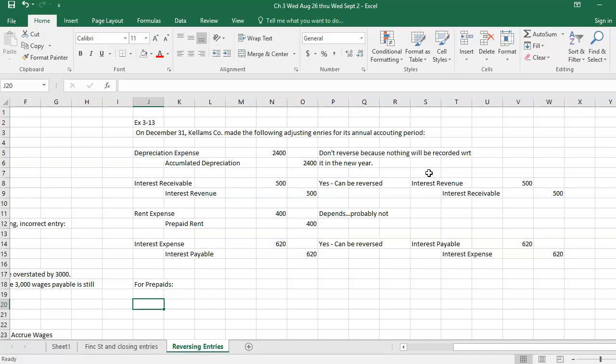Okay, so this is from problem 3-2. One of the things that they did on February 1st is they paid $3,600 rent in advance. And it was 1 year's worth.